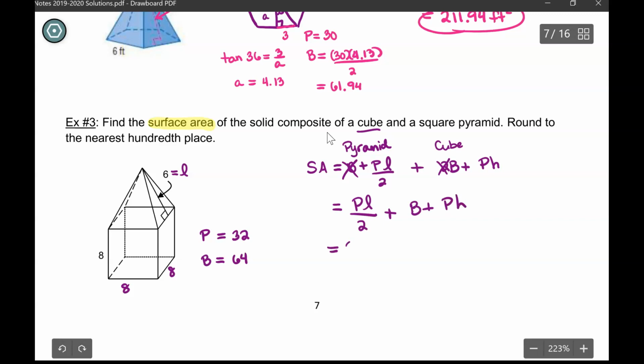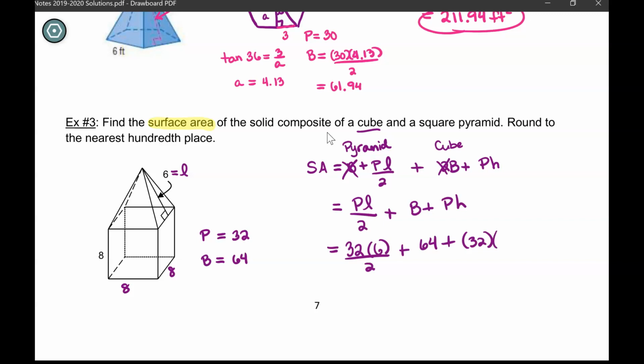So I have the perimeter is 32, slant height is 6 divided by 2. Area of the base is 64, perimeter is 32, and the height, and that's referring to the height of the prism, is 8. So go ahead and plug all that in.